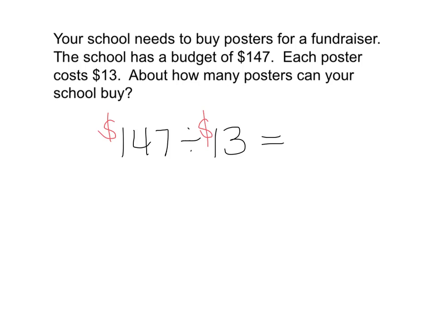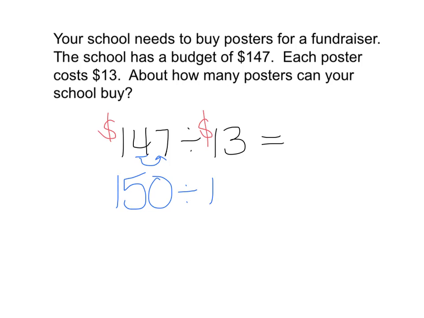So we can think to ourselves, what is this number close to that I know how to work with? Well, I'm pretty good with the number 150 because that 7 makes the 4 go up to a 5, so there's 150. Now when I think about the 13, I'm going to use my compatible numbers, and I'm not going to go down to 10. I'm going to go to 15. Why 15?